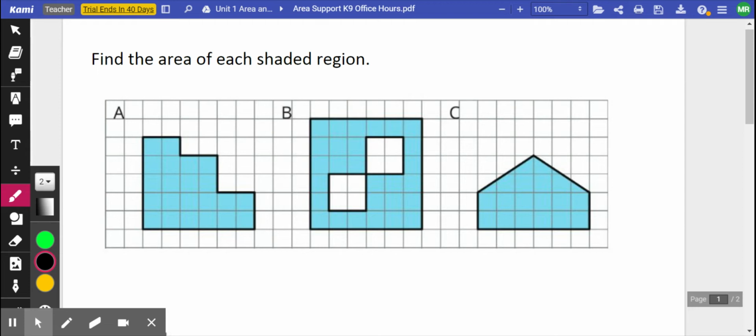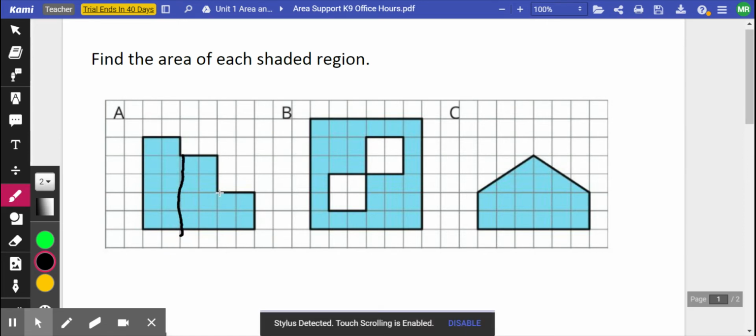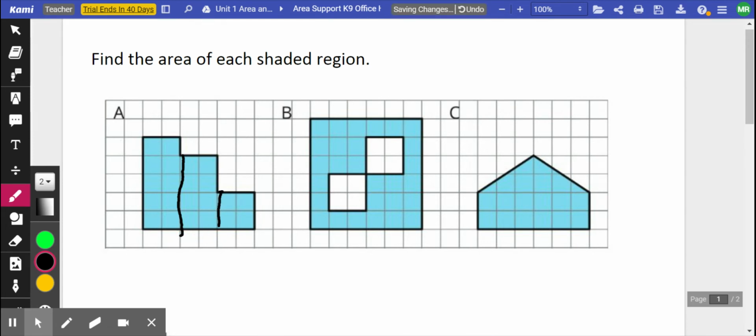So far, what we've learned is that we can decompose figures into smaller shapes without changing the area of the original figure. And since we don't have a formula for figure A, which is like a staircase, we can decompose it into rectangles. So for example, I could draw a line right there and draw a line right there to make three rectangles. This left rectangle is 2 units by 5 units, and 2 times 5 is 10.